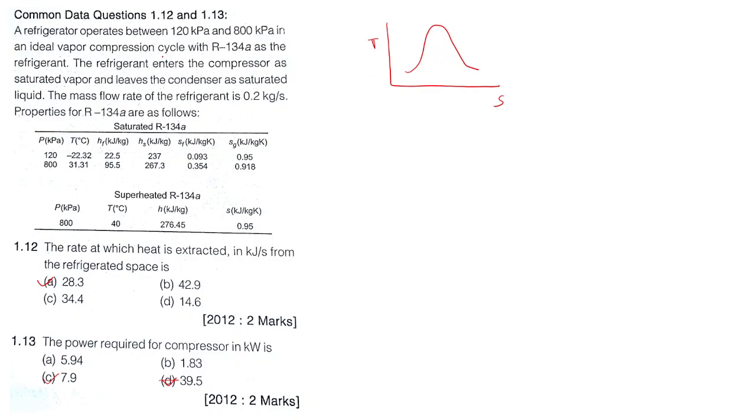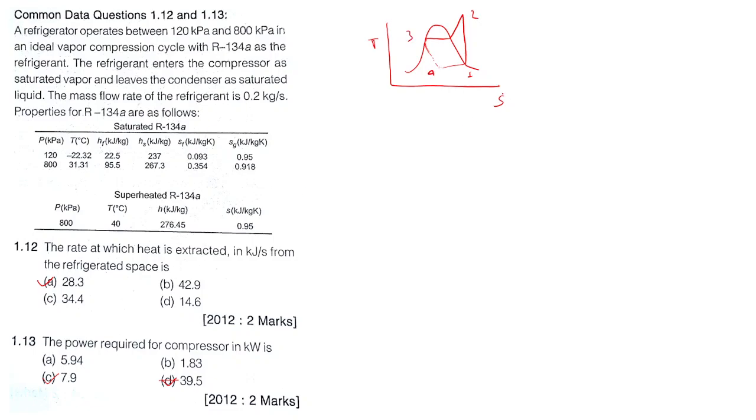So here they have given that the refrigerant enters the compressor as a saturated vapor. Enters the compressor means here it is saturated vapor. Here it will come. Now points 1, 2, 3, 4.